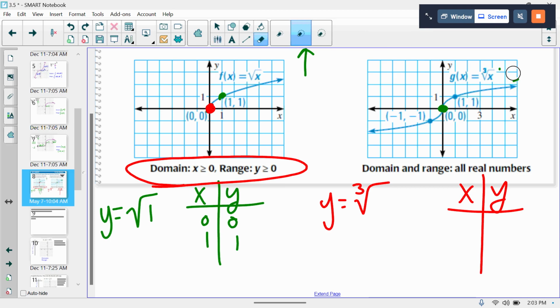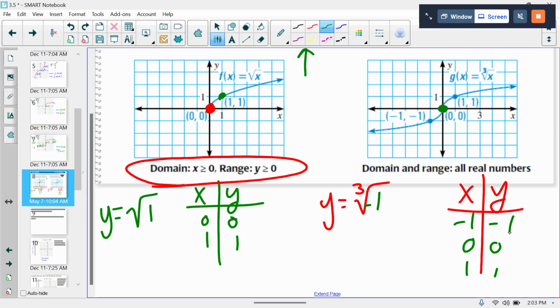But when it's what we call the parent function, where there's nothing added or subtracted or multiplied, just plain cube root of x, nothing else, it's always going to have the point 0, 0 on it, okay? Then if you take the cube root of 1, that's going to be 1. The cube root of -1 is going to be -1. So you'll notice that you see both of those on your graph as well, okay?